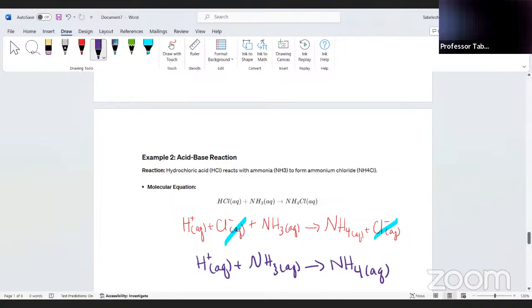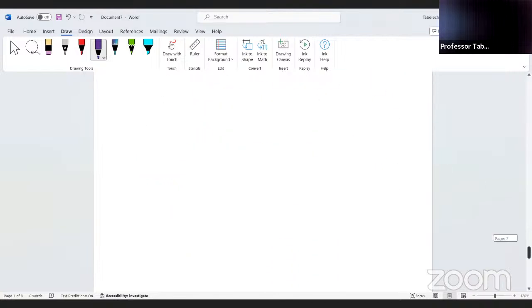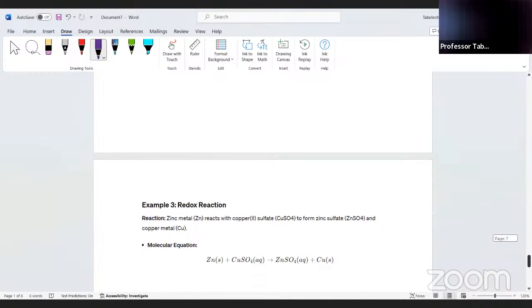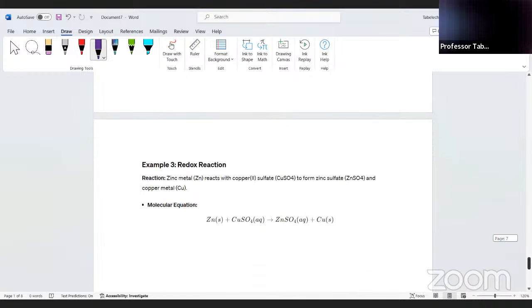All right. Let's go to, oh, here's a good one. Let me zoom in so y'all can see this. You've got zinc. Solid zinc reacts with copper 2 sulfate to form zinc sulfate, aqueous solutions for both of those, and copper. All right, let's go ahead and do this. What's going to split up?